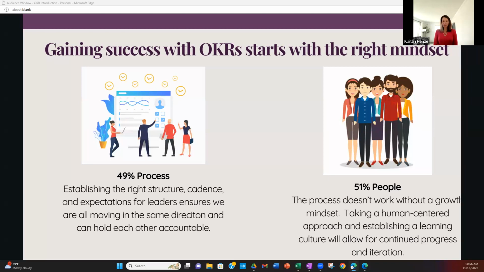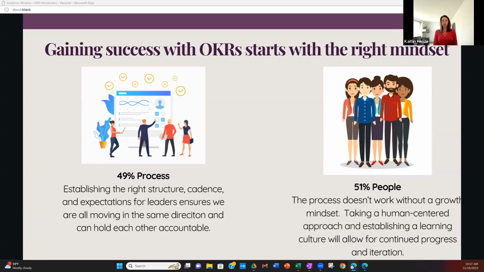We use the definitions of objectives and key results to create really inspirational key results and outcome-based targets. And we don't have that iterative, continuously changing, learning from mistakes mindset that incorporates that growth sort of accountability. We will not gain success.